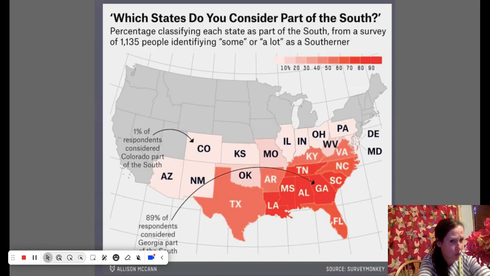If I was to ask you, what states do you consider parts of the South? You probably don't just think geographically, like what are the southern states? You probably think of features. Do they drink sweet tea? Do they say y'all? You might even think like how did slavery exist there? When did it end? Right? So you think of these political and social factors. Do they listen to country music more on the radio there? Right? What do you think of as the South?